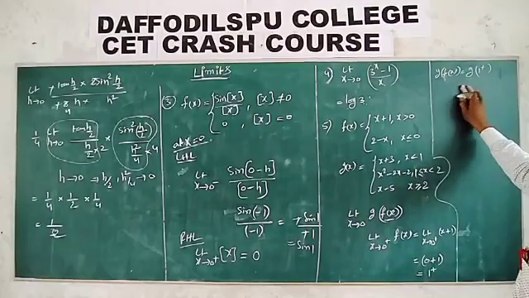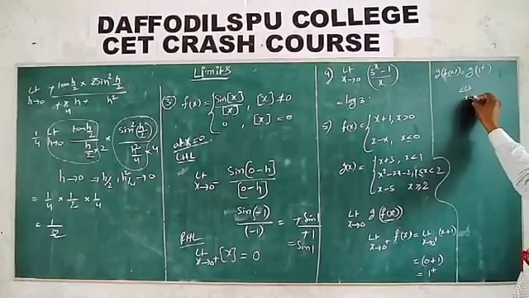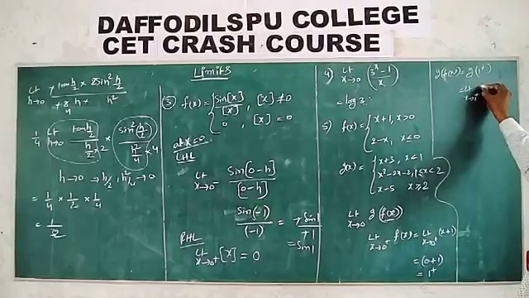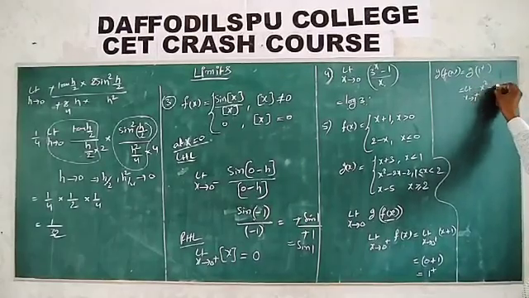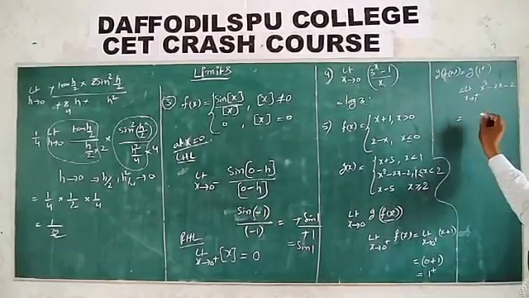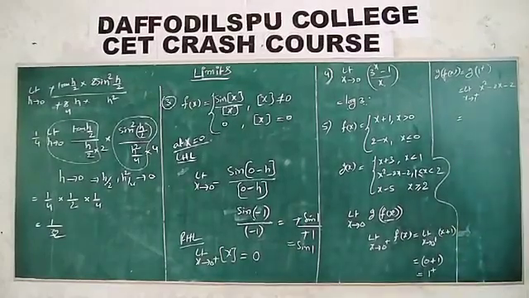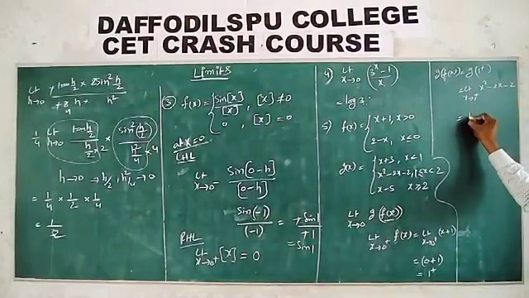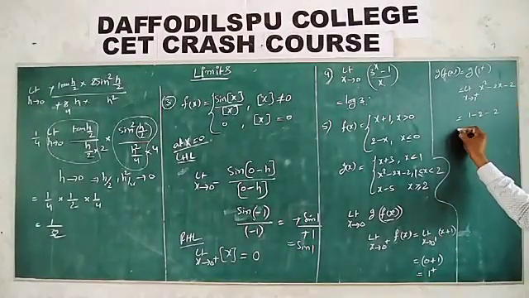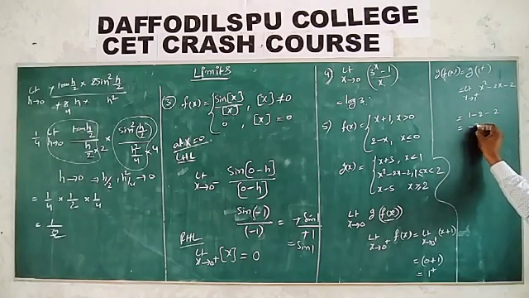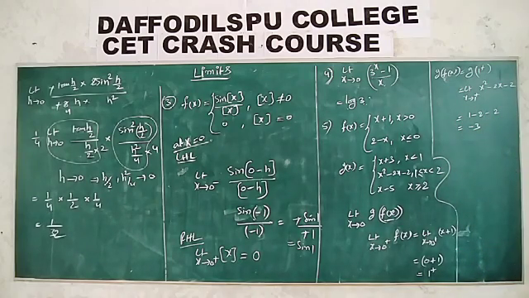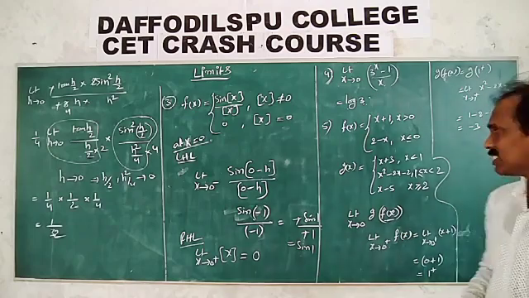Therefore, limit as x tends to 1 plus, the function is x square minus 2x minus 2. Clear? Right. Substitute 1: 1 minus 2 minus 2, 1 minus 4, minus 3.